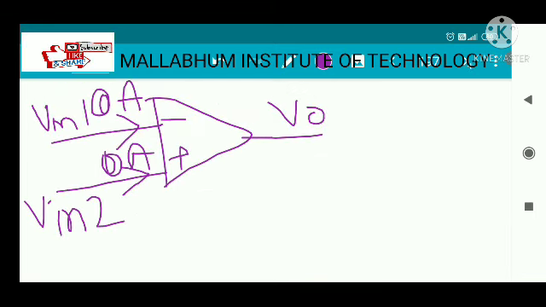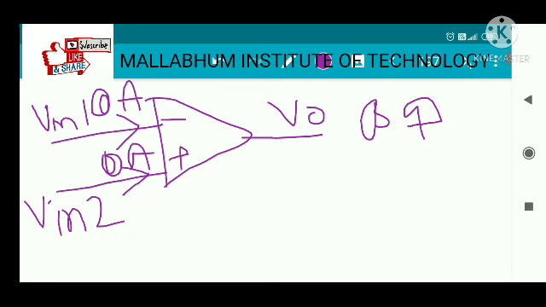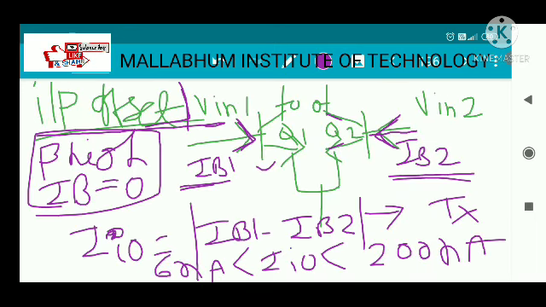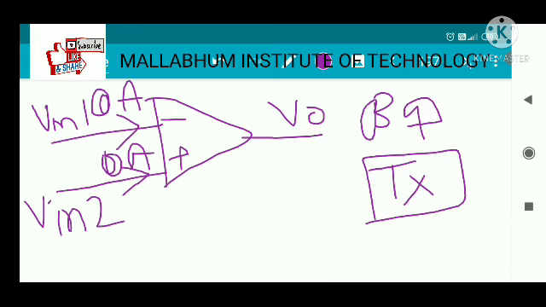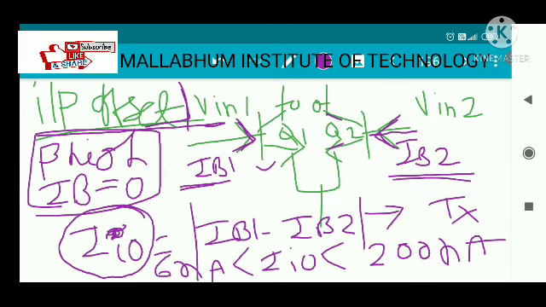To make this 0 ampere, the beta of the transistor should be very high, so that is also okay. But theoretically both the transistors should be matched, while practically they are not matched with each other. That's why the current drawn by the op-amp is not actually 0. There is some amount of current drawn by the op-amp, and that amount of current is called the input offset current.